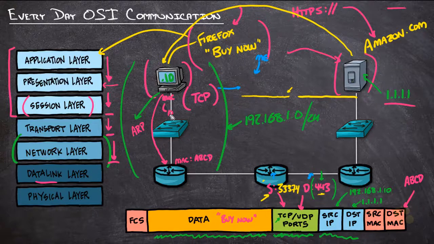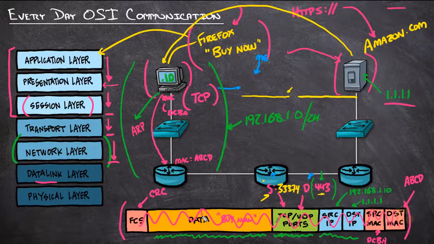We'll call that DCBA. Once it's filled in all of this information, it adds something to the end called the frame check sequence. Other people call this the CRC, the cyclical redundancy check. Essentially, it runs what's known as a hash. It's a big mathematical algorithm, taking all this data, putting it into a nice big blender, and coming up with some answer.